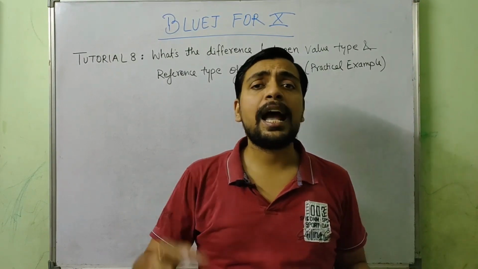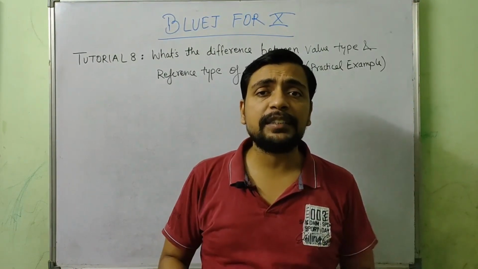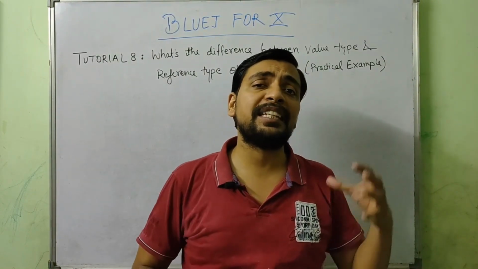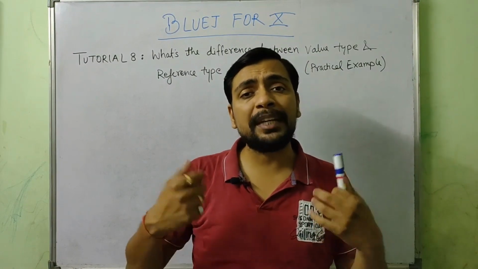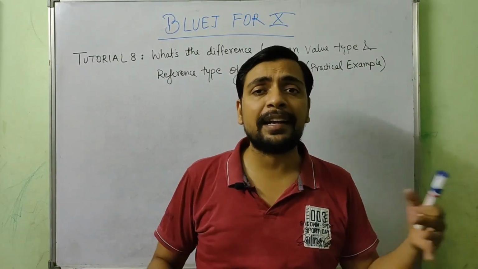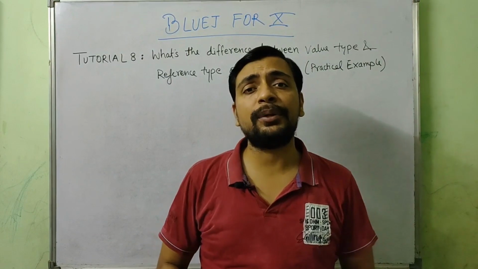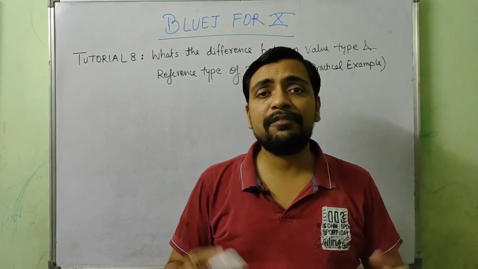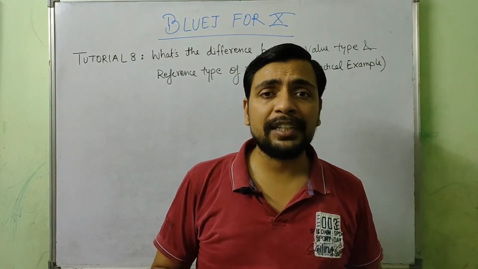Today I am going to tell you a major difference: primitive is value type and non-primitive is reference type. But what do we mean by value type and reference type? This we are going to understand practically today. So let's see what's the difference between value type and reference type of data.